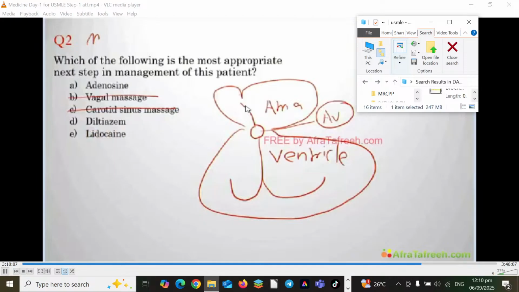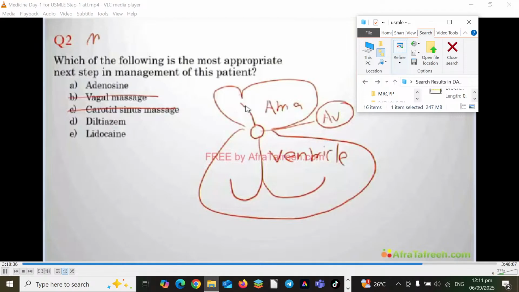So when you read about atrial fibrillation, anywhere you go, if you have this concept in your mind: you want to control the atria, you call it rhythm strategy. Until and unless you convert the atrial fibrillation rhythm to the normal sinus rhythm, the atria will keep on contracting like this.